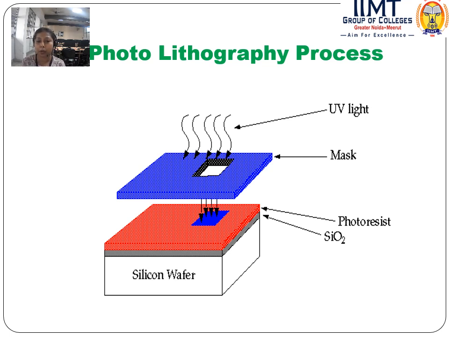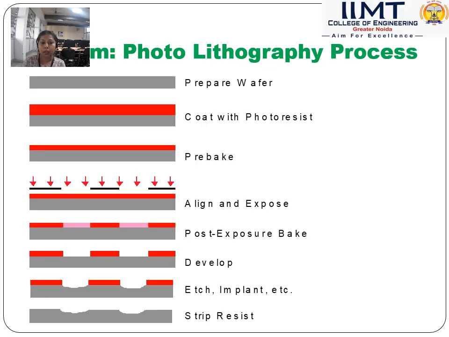Without this mask we cannot send our light ray, and here we are using UV light, which is sent through the mask and across the photoresist, developing our particular portion for doping. The silicon dioxide layer is already present over the silicon wafer. This is the diagrammatic representation of the photolithography process.